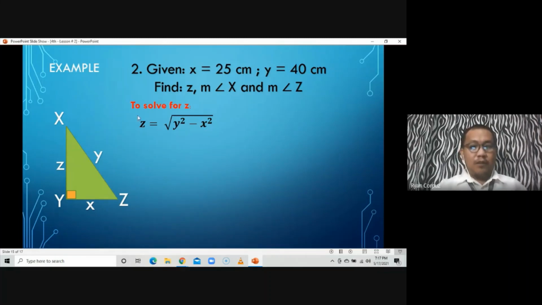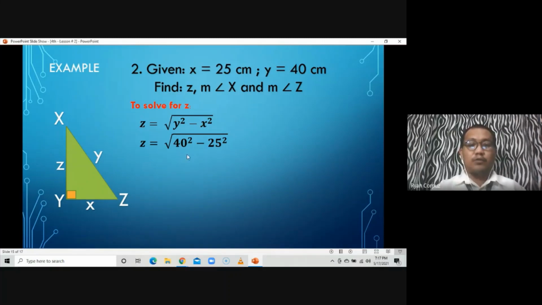So, given yung value ng x and y in the problem, what we are going to do is just simply substitute it. So, we'll have z is equal to the square root of 40 squared minus 25 squared. 40 is the value of y, that's the hypotenuse, minus 25 squared. 40 squared is 1,600, then 25 squared is equal to 625.